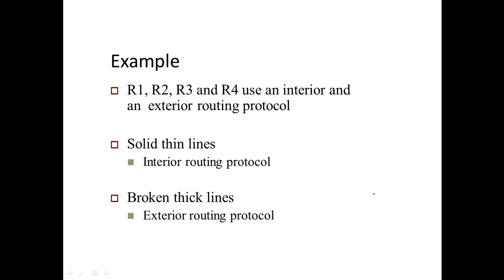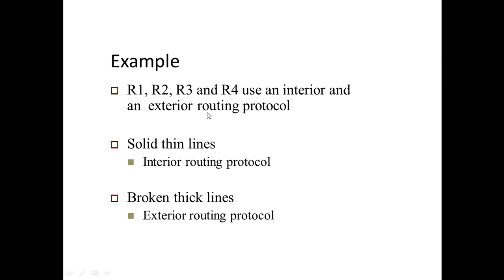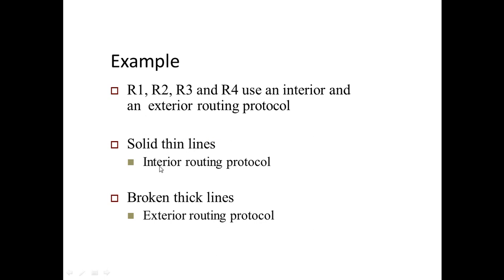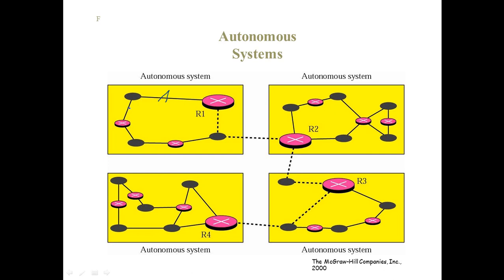In this example, R1, R2, R3 and R4 use interior and exterior routing protocols. You can see that the solid lines are interior routing protocols, and the broken, thick lines are showing the exterior routing protocols. So this is interior, this is interior, this is interior, and these are exterior routing protocols.